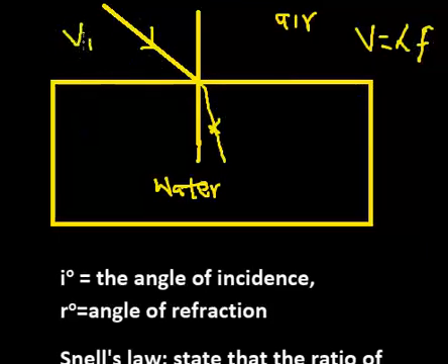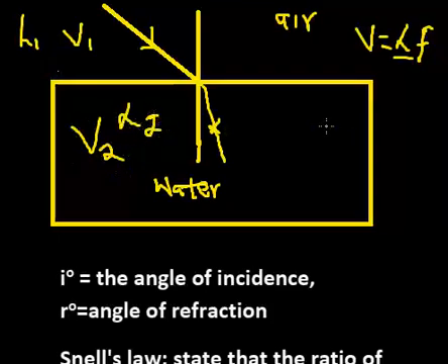Let's say the velocity in air is v1, and in the medium it will be v2. The wavelength will also change. Let's say the wavelength in air is lambda 1, and the wavelength in the medium is lambda 2. But there's something that will never change, please take note of that: the frequency. The frequency of a wave remains the same irrespective of the medium it is passing through.